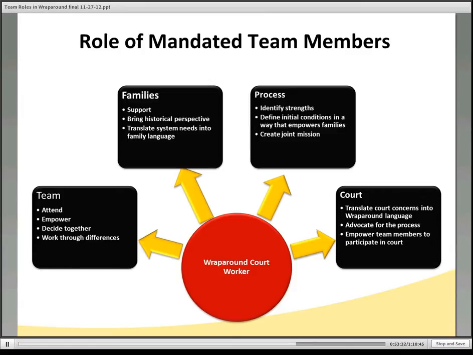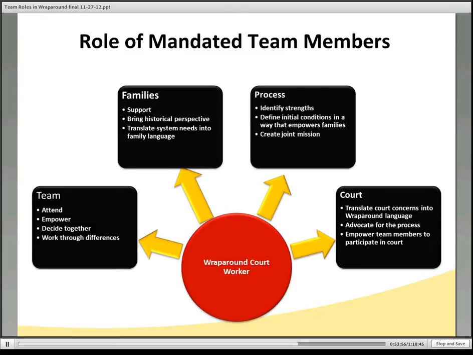But also, they need to bring all of their mandates or court orders or anything that's going on as part of their agency practice that's pertinent to what's going on specifically with the youth or the parents, and provide that information so it can be incorporated into the plan of care.